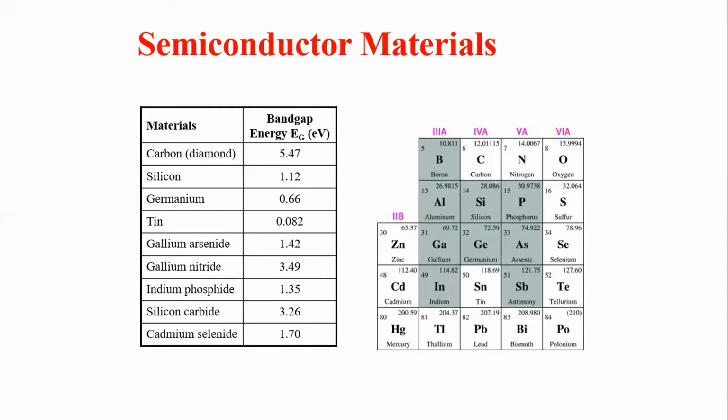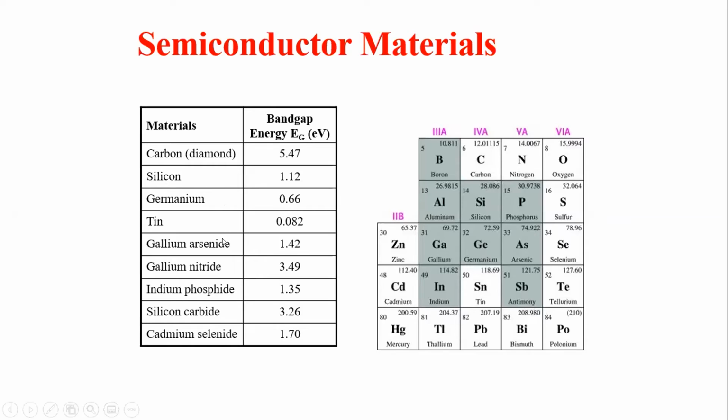And germanium, you have 0.6, and tin is a semi metal. You can have bismuth and some tin, where you can have very low band gap. In bismuth normally there won't be overlap, but there will be slight touching of the valence band and conduction band. So that category we will call semi metal.